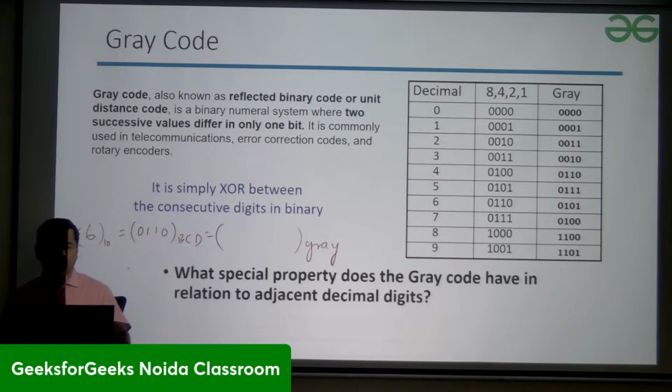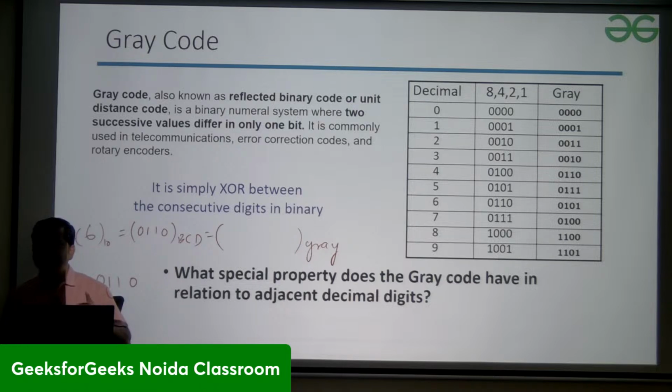How could you convert this? First drop down the MSB. Then you have to XOR 1 and 0, the MSB and the next one. Apply XOR on this.